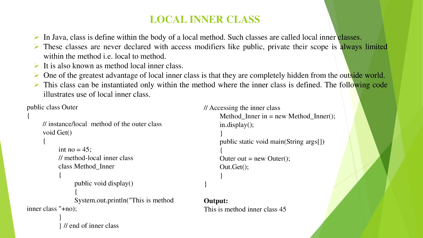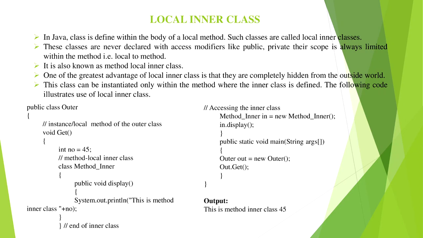Because MethodInner is a class which is declared within the local method get, and that's why I write the comment as method local inner class. In that MethodInner class, I have taken one method, display, which prints the message: this is a method inner class, and the number. This is the end of the inner class.